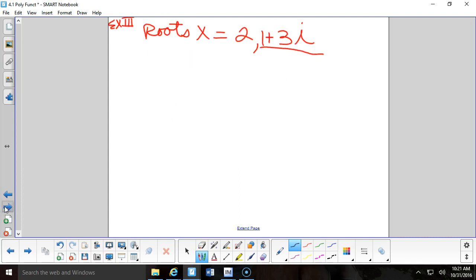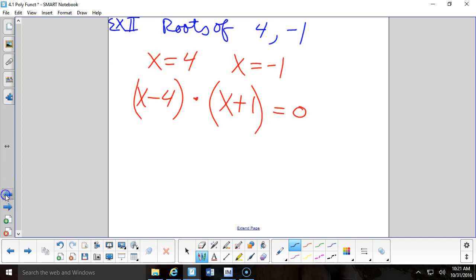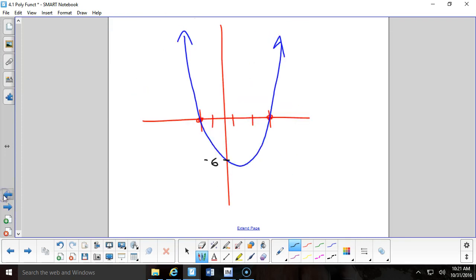Yes, ma'am. Do you ever have us look at a graph and then find the roots? If it's nice, yes. I mean, looking at this graph, you should be able to figure out kind of what the roots are.